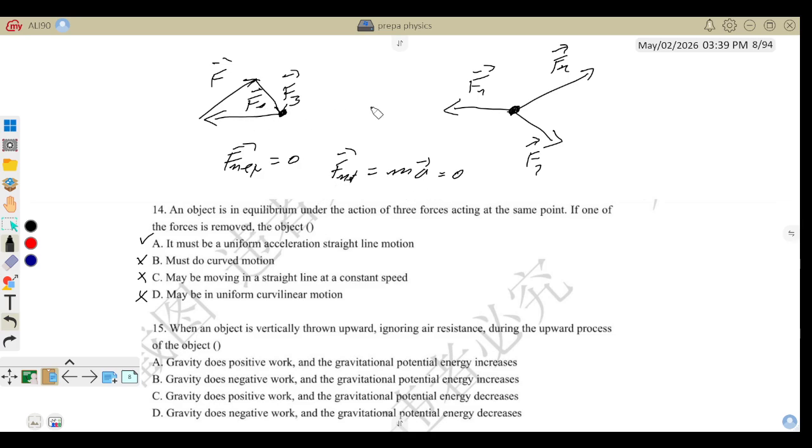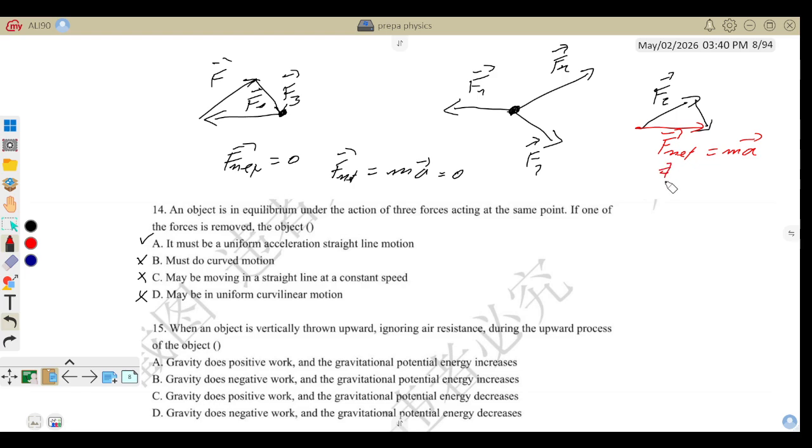If we remove F1, we are left with F2 and F3. The resultant, or the net, would be something like that. So as we see now, F net is not equal to 0; F net equals ma.